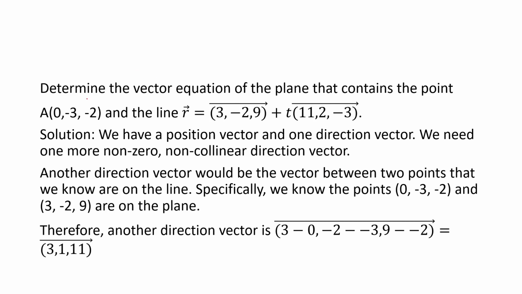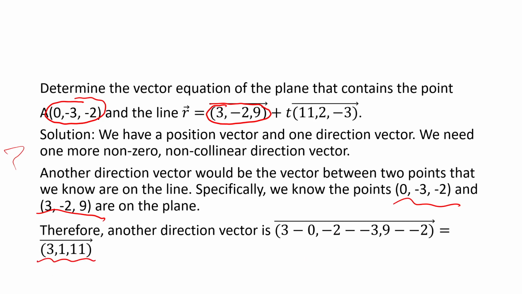Since we know the point 0, -3, -2 is on the plane, and since the point 3, -2, 9 is also on the plane, we know that the vector between those points is on the plane. The vector between 0, -3, -2 and 3, -2, 9 is the vector 3, 1, 11.